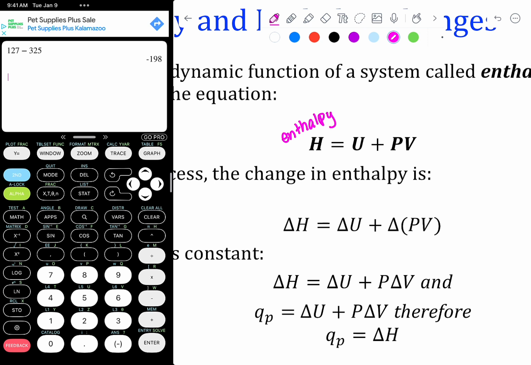U is internal energy, P is pressure and V is volume. So enthalpy equals the internal energy plus the pressure times the volume.